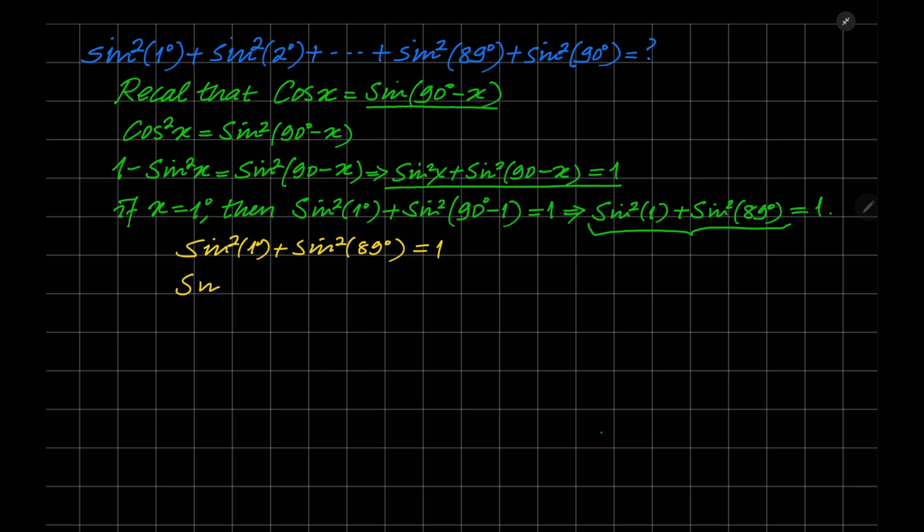And sine square 2 degree plus sine square 88 degree is equal to 1. If we continue like this, then sine square 44 degree plus sine square 46 degree is equal to 1.